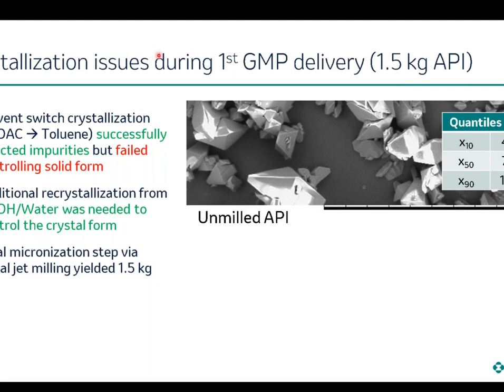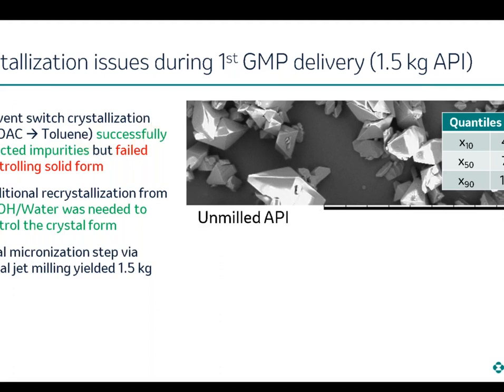Looking at the first GMP delivery, there were a couple of things that needed improvement. Initially, the process was based on a solvent switch crystallization. The reaction stream was dissolved in ethyl acetate and then solvent switched into toluene.